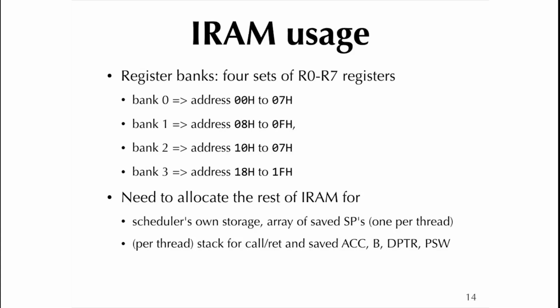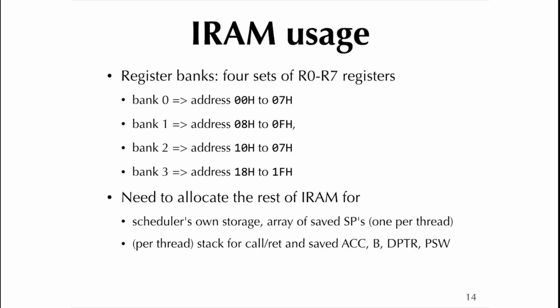So what do we do? One thing is, it is actually a good idea to make use of register banks. Remember register banks? It's a way of mapping different parts of IRAM to these registers, R0 through R7. By default, it uses bank 0, so IRAM addresses 0 to 7 get mapped to registers R0 to R7.